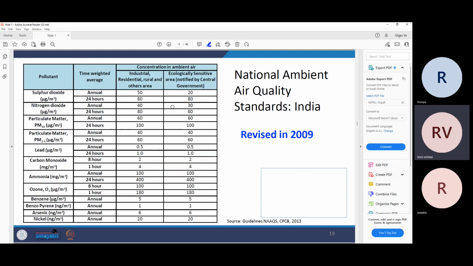Now it has been converted into just two parts. The pollutants that we consider here are sulfur dioxide, nitrogen dioxide, particulate matter, that is PM10 and PM2.5. Then we have lead, carbon monoxide, ammonia, ozone, benzene, benzopyrene, and then arsenic and nickel.